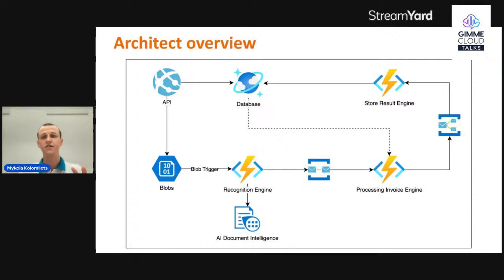You can see that it is a simple API for uploading images and a few functions for processing events, for processing this image by different business needs and with different flows.